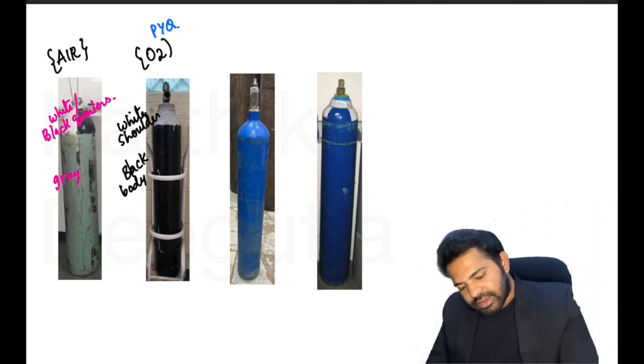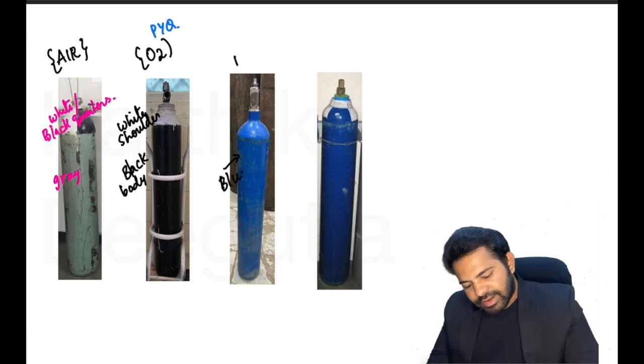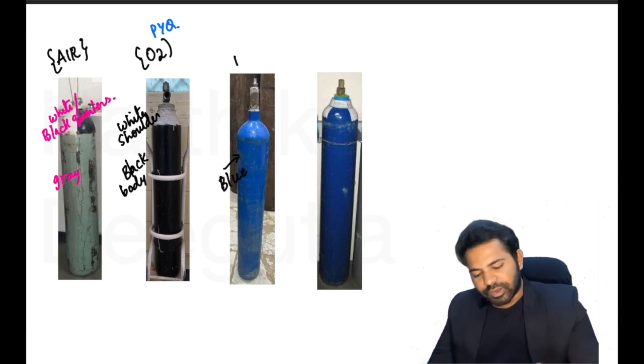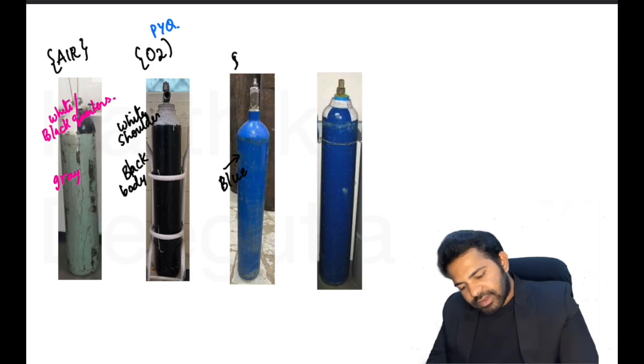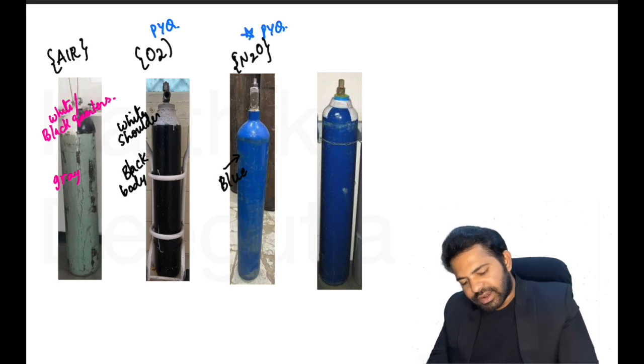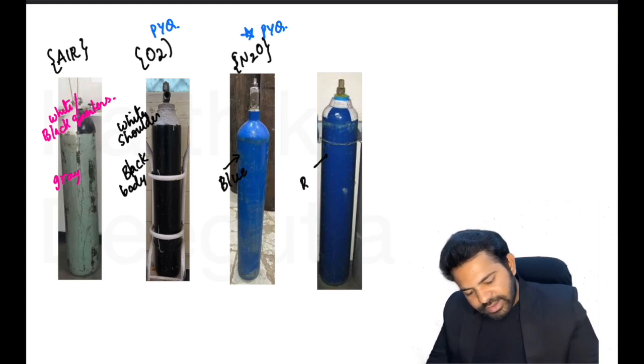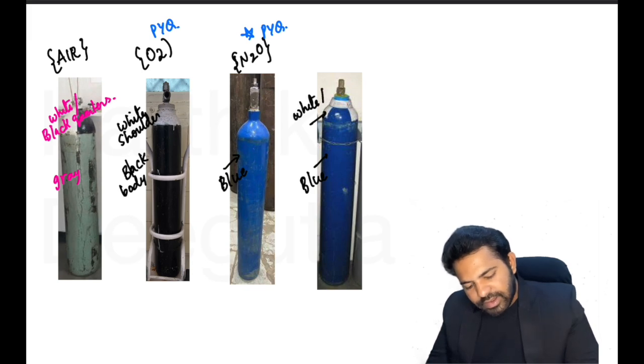Alright. Now we have a completely blue cylinder, where body and shoulder are both blue in color. So this is a nitrous oxide cylinder. This is also a previous year question, very frequently asked. Next, look at this cylinder. It has a blue body and it has white and blue quarters.